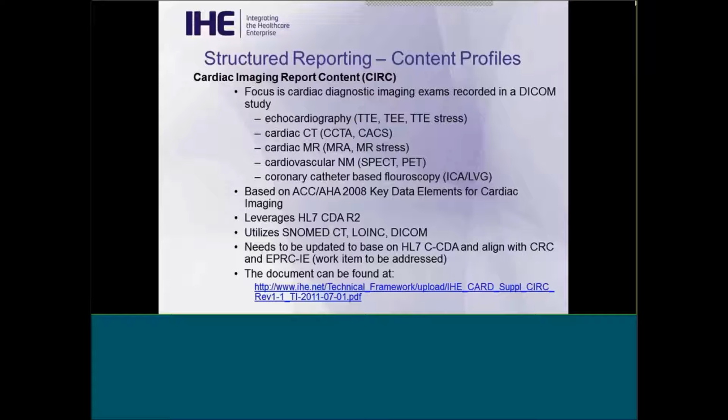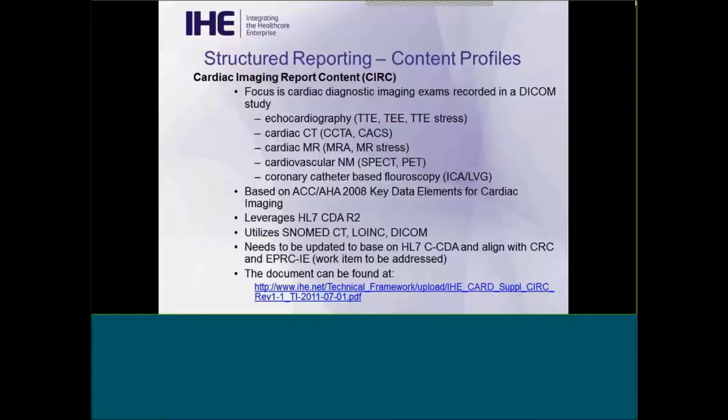So this content profile is still available for trial implementation now. It's been tested at 2 connectathons now, but this is not aligned currently with the CRC or EPRC profiles because it was not based on the HL7 consolidated CDA templates.